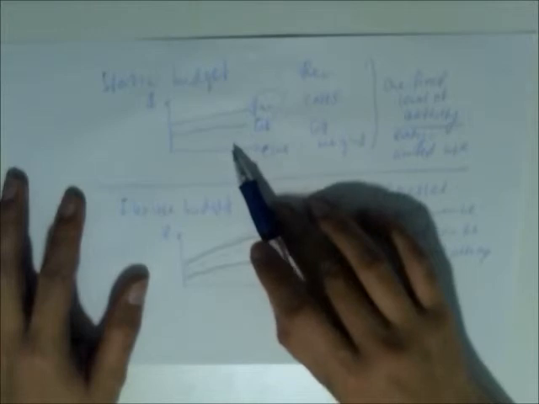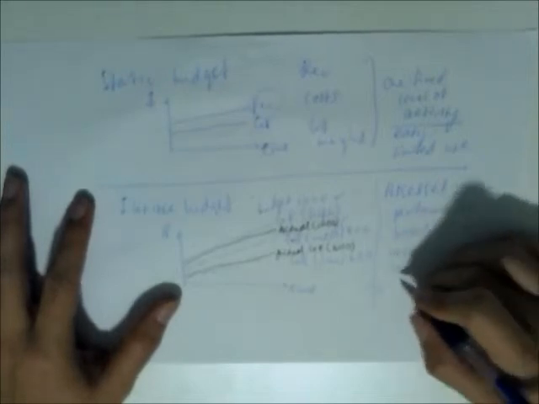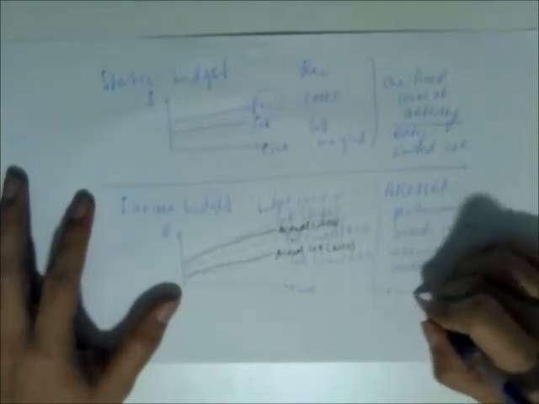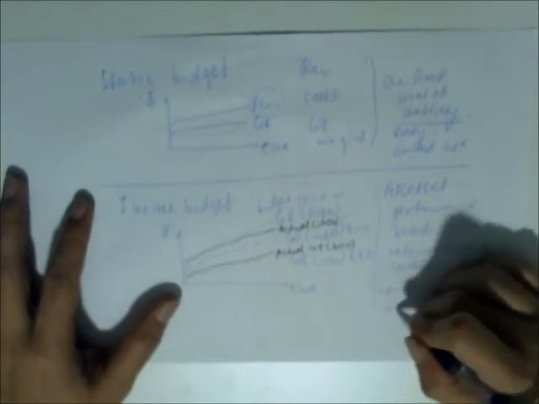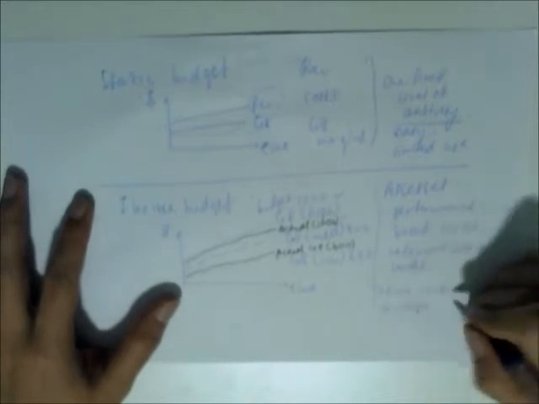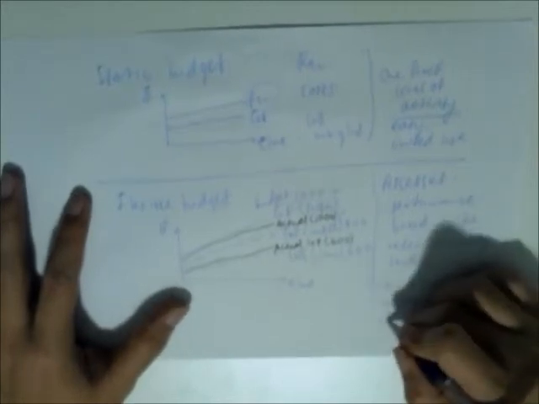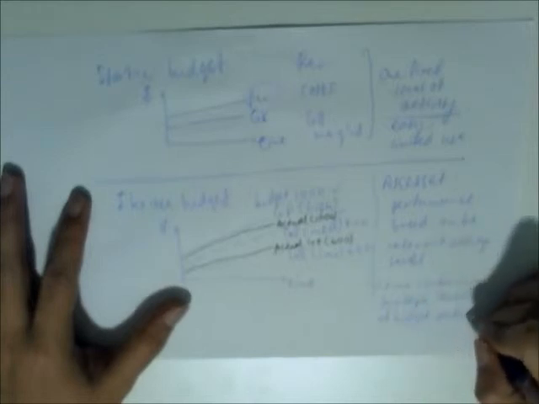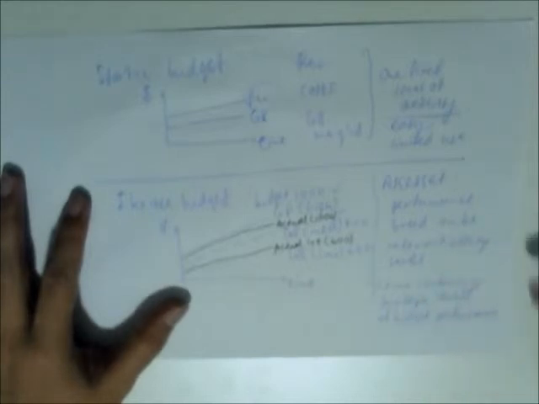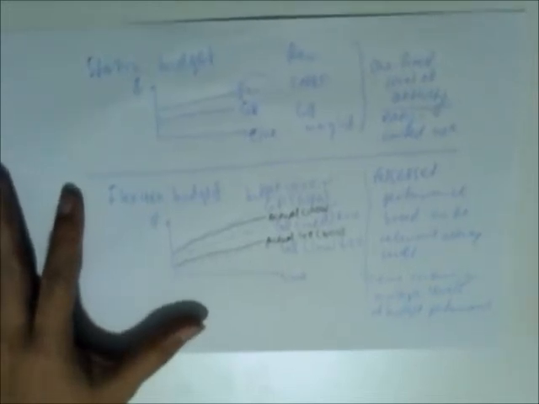So in order to fairly assess managerial performance, you should use flexible budget, because although this is more time consuming to prepare, it has multiple levels of budget performance. So that allows you to have a fairer and more precise assessment of managerial performance.